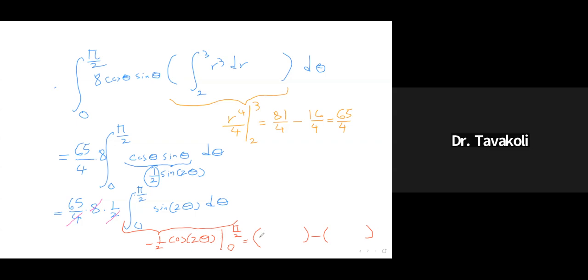At pi over 2, I have -1/2 cosine of 2 times pi over 2. 2 times pi over 2 is pi, and cosine of pi is -1. At 0, -1/2 cosine of 2 times 0, and cosine of 0 is 1. This is going to be +1/2, another +1/2. So they just add up to 1. So this integral is just 1. What's the final answer to this question? It is just 65.